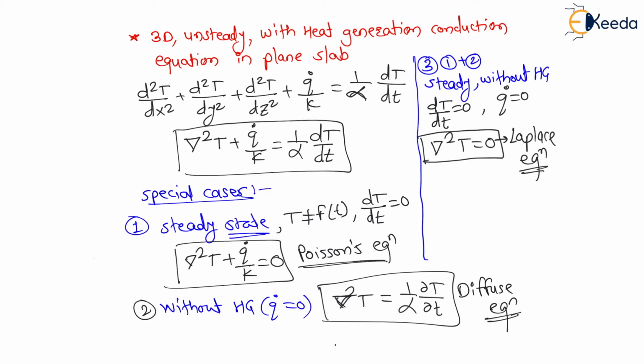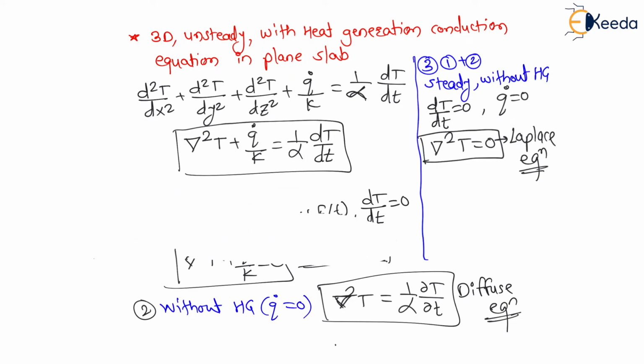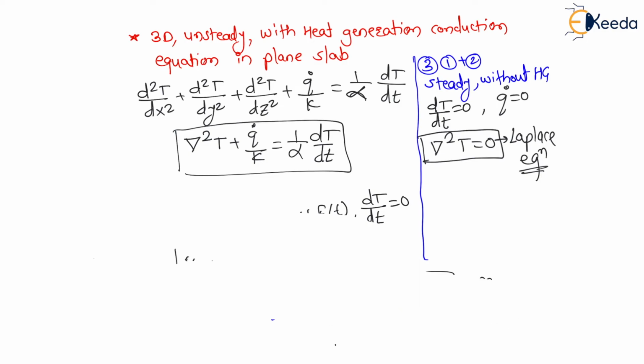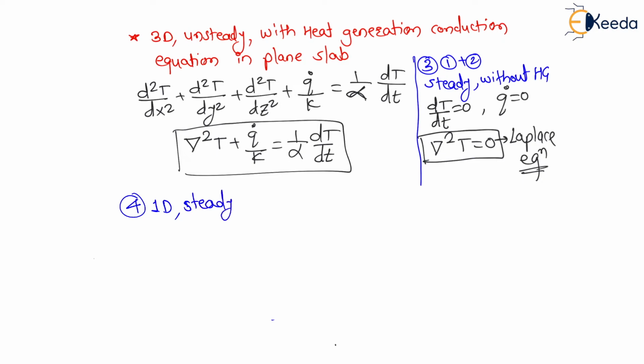Again, my dear students, here we are going to see the fourth special case, which is nothing but 1D steady without heat generation. Therefore, here I will write the fourth case is one directional steady without heat generation.